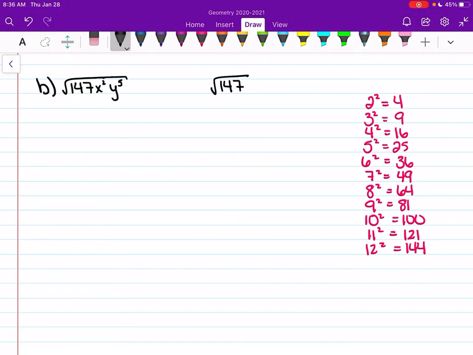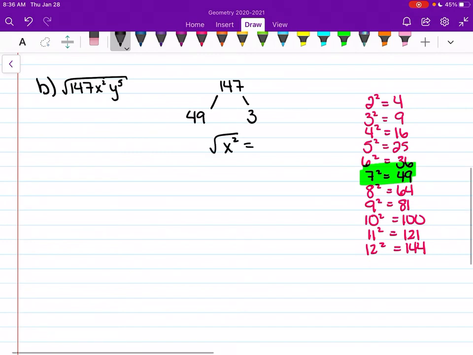Okay, now that you're back, I hope you found that 49 was the largest perfect square factor of 147. So I can write 147 as 49 times 3. Okay, and then if I look at x squared, it is a perfect square factor. So the square root of x squared is x, which is nice.